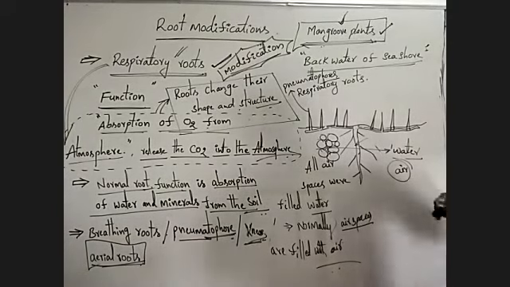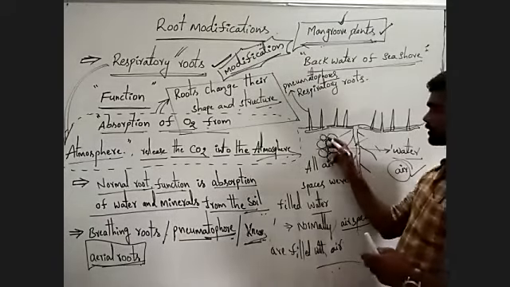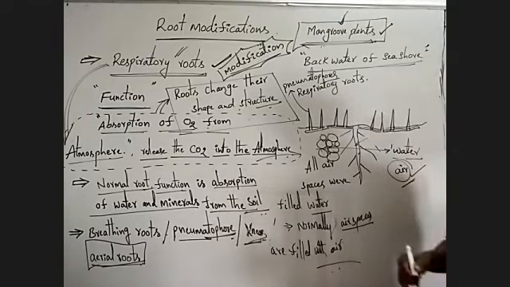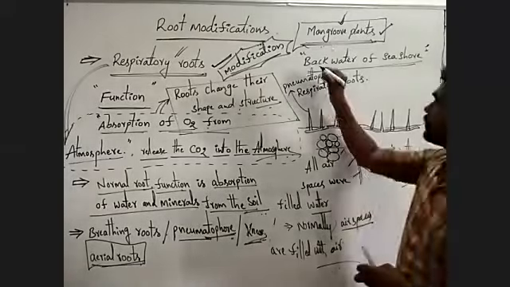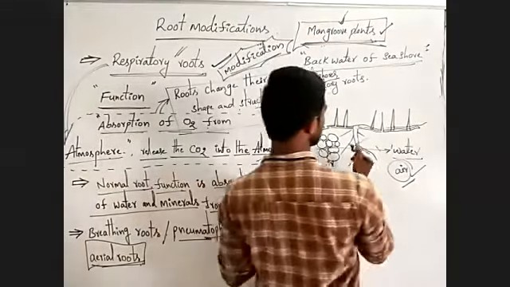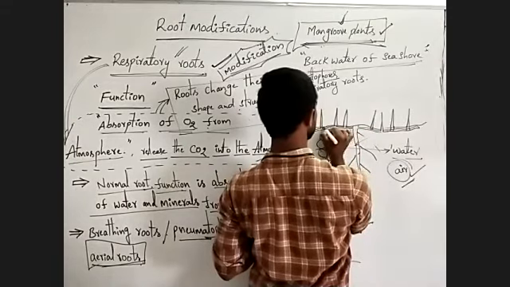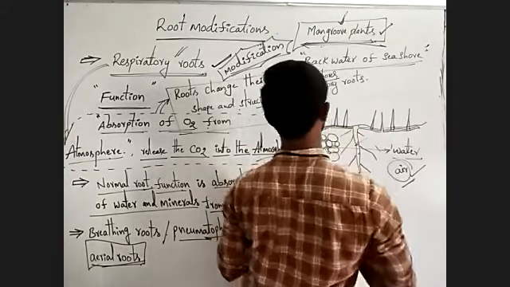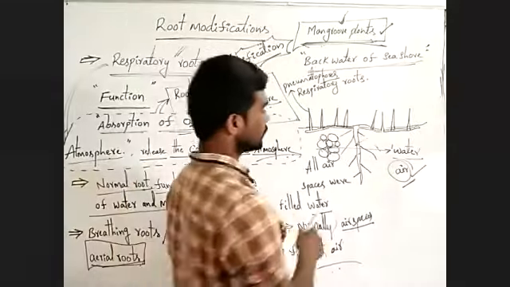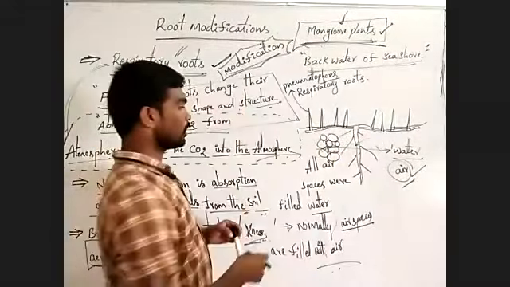Due to the absence of atmospheric air, these cells cannot get sufficient air or oxygen. That is why mangrove plants develop lateral roots like this. They are grown in a horizontal manner.